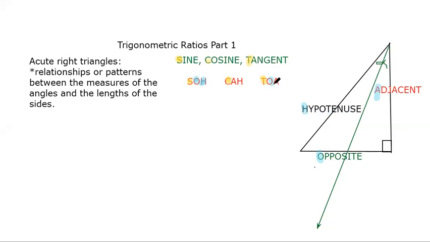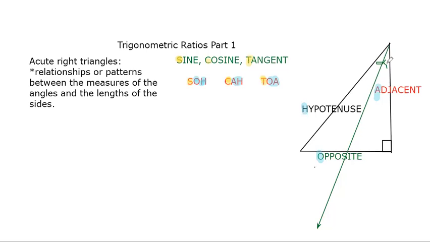These come from side length. So sine, cosine, and tangent have special relationships with the measurements of the opposite and adjacent sides and the hypotenuse of right triangles. And they come in trigonometric ratios.